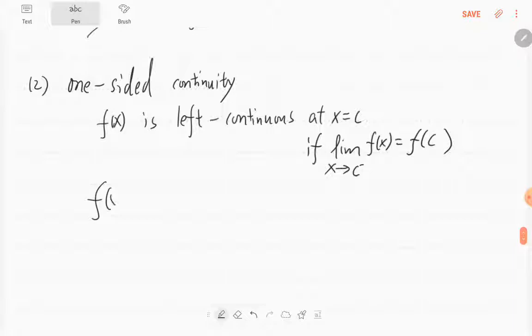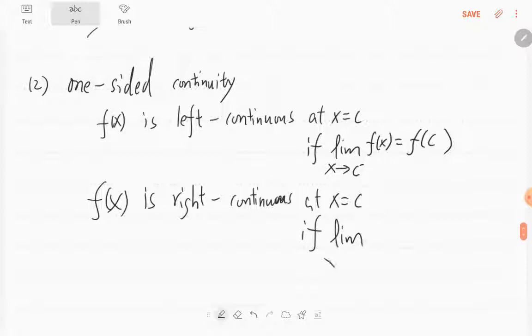We say a function f of x is right continuous at x equals c if the right side limit is equal to f of c.